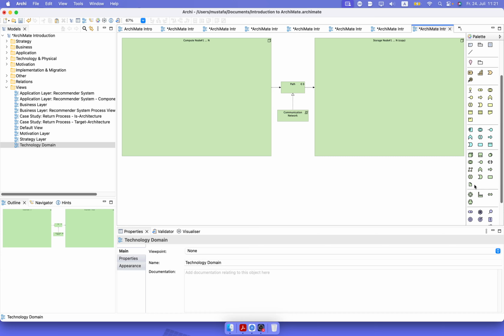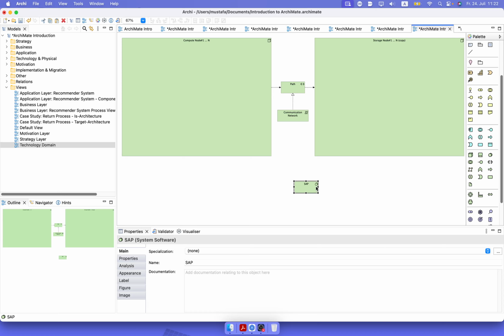You can see we have again the node, the device, this is a system software and a collaboration. So this is perhaps, let's have a look at this one. So you can say this is SAP system software. So this is a system software.